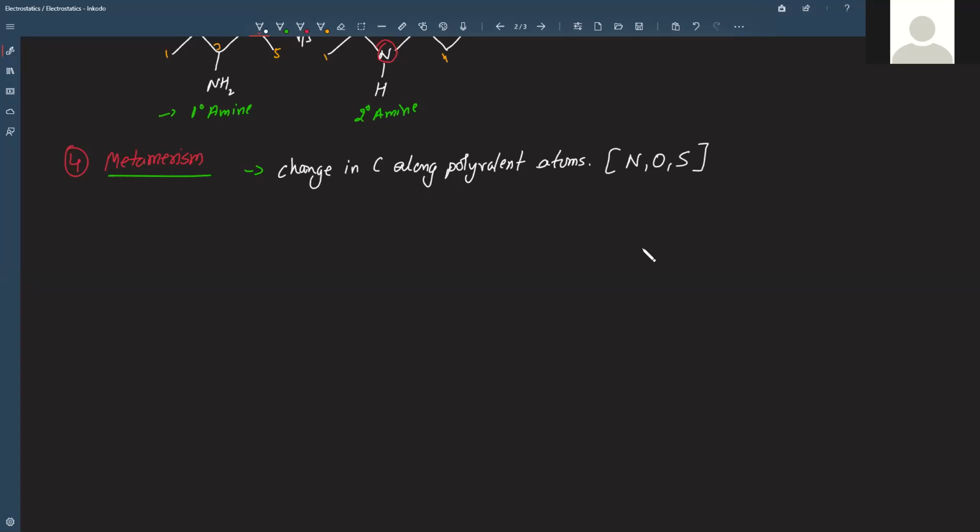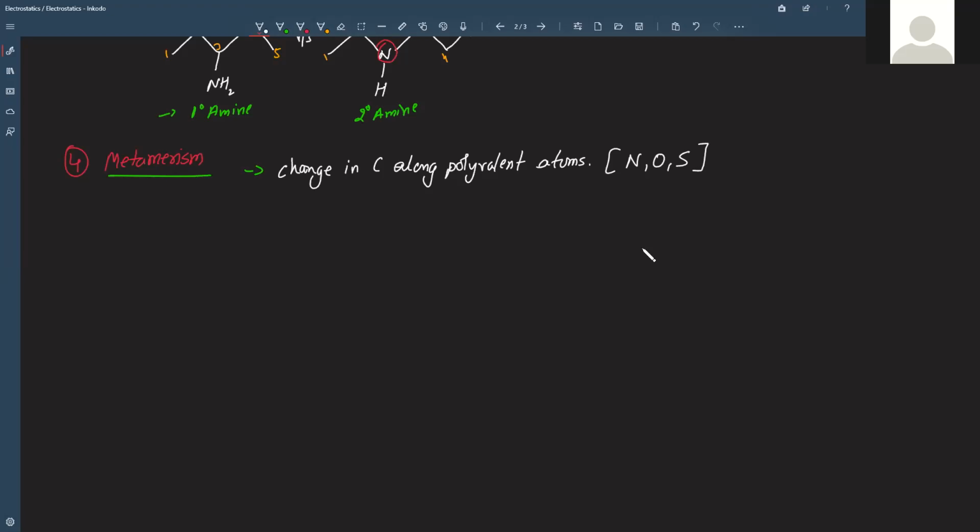So they'll show the same chemical reaction, because they are polyvalent, but there will be a difference somewhere. So we'll see where the difference is.